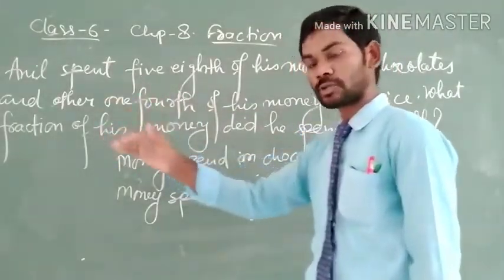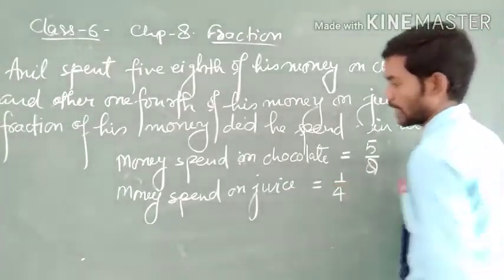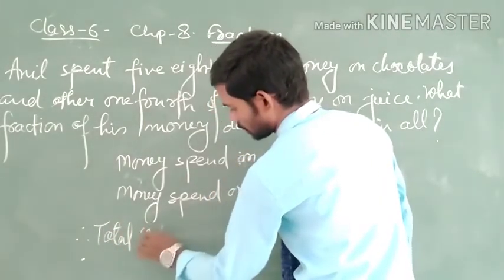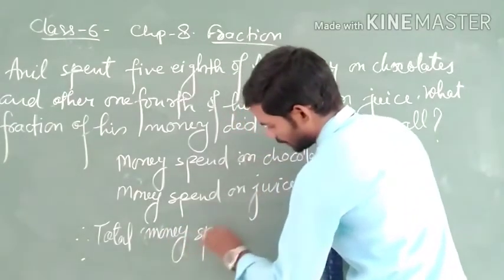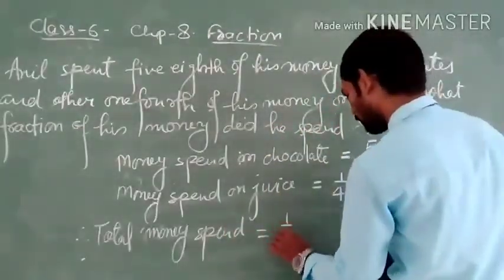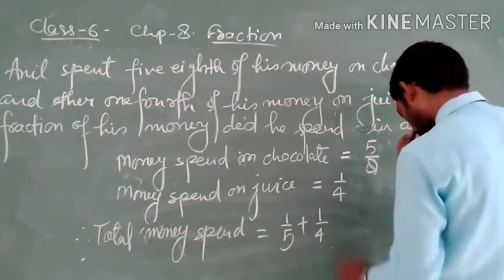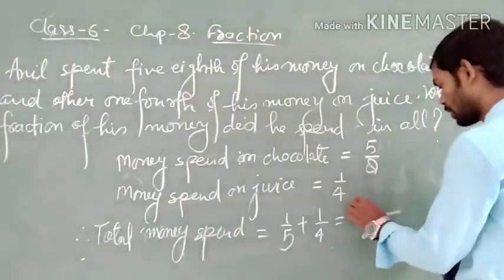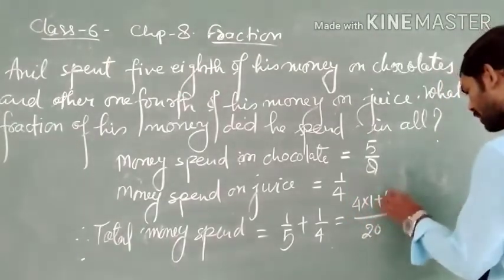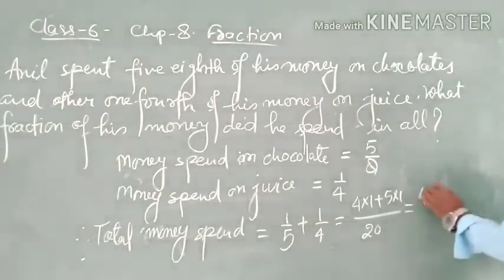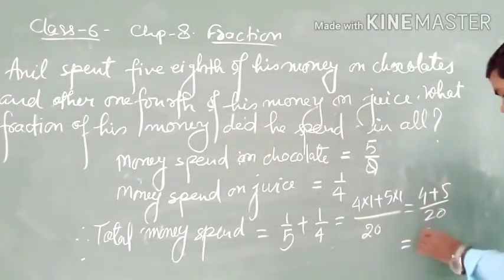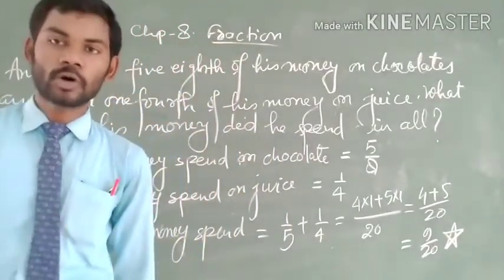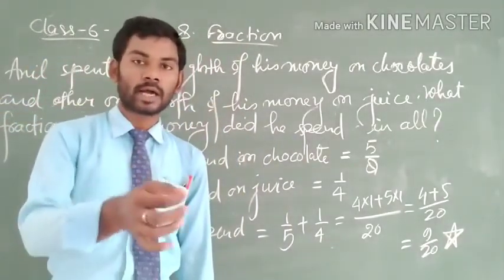Therefore total money spent is equal to 5 upon 8 plus 1 upon 4, and here we get 8 as the LCM, and here we get 5 plus 2 upon 8, which is 7 upon 8. So he spent 7 upon 8 of his money in all.